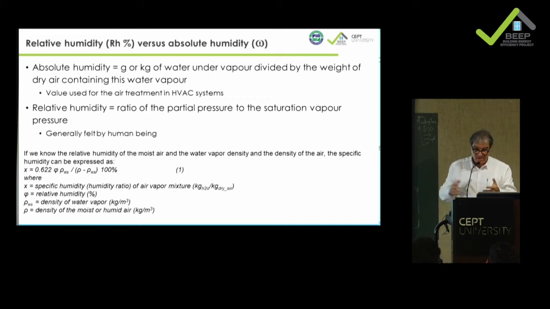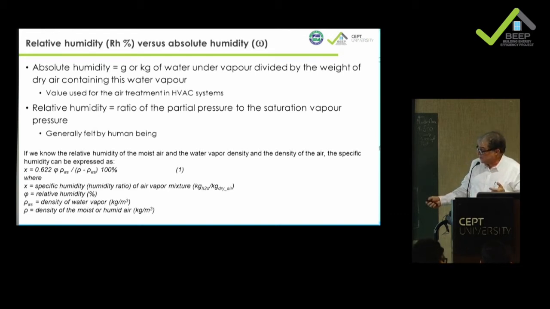And above 70, we also feel it. For instance, when you land in Mumbai suddenly, after coming from Ahmedabad in summer, you will feel suddenly that your hands are wet. This is directly the feeling of relative humidity.